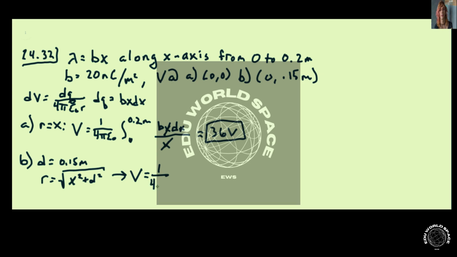So we have our 1 over 4 pi epsilon naught, and so now our integrand is b x dx over the square root of x squared plus d squared.